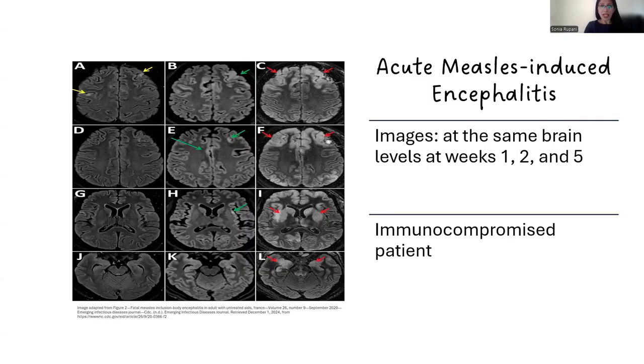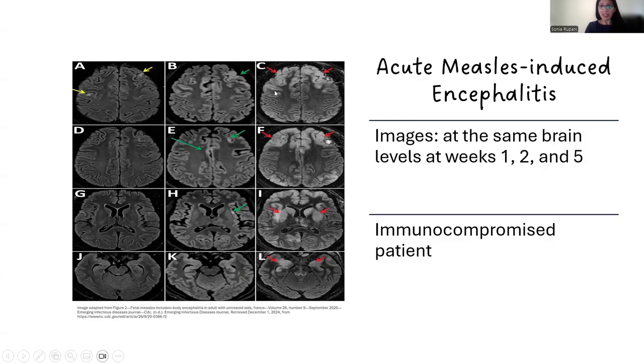If you look at the MRI images here, these images were taken at the same brain level, at different timings. This is A through J the first week, B through K the second week, and C through L the fifth week. Look at these white spots. There's cortical hyperintensity seen in the first week. In the second week you can see how that's spread, almost covering all the areas.